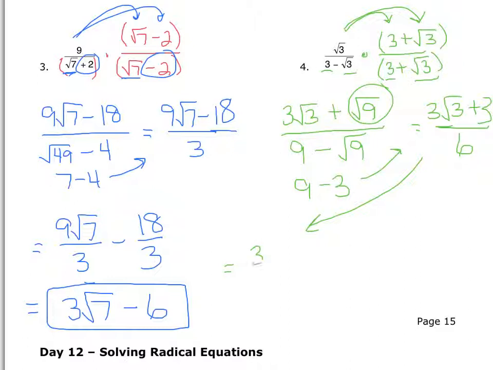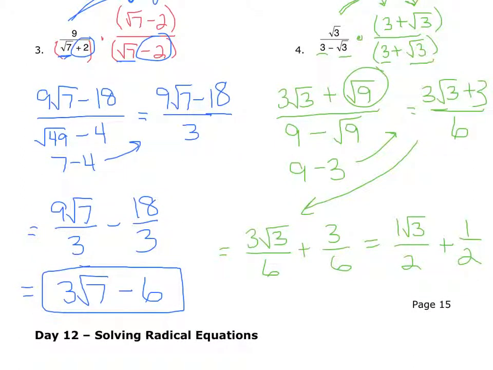I'm going to split this up into 2 different fractions. I notice I have a 3 over 6 really in both of them. 3 over 6 reduces to 1/2. So what we will end up with here is 1 radical 3 over 2 plus 1 over 2, which technically you can leave, but they might ask you to simplify this and leave it in one fraction.